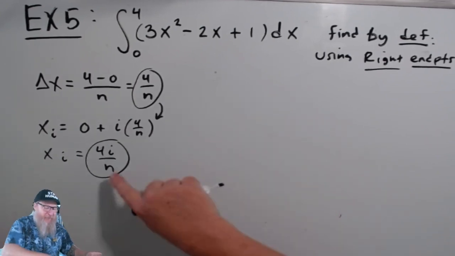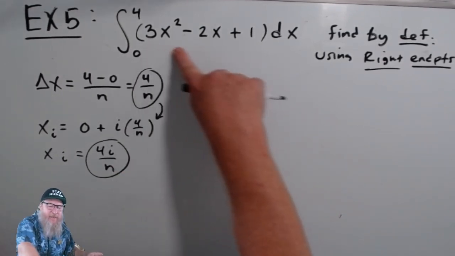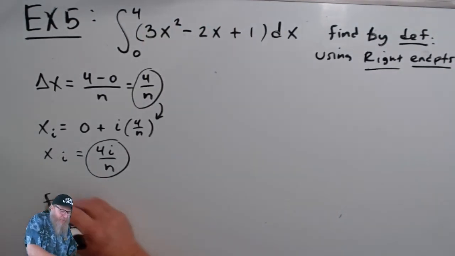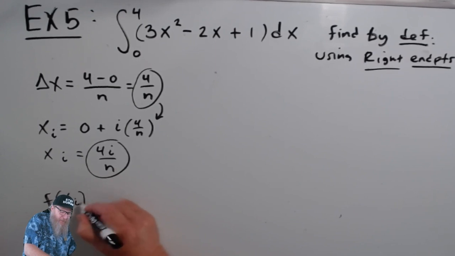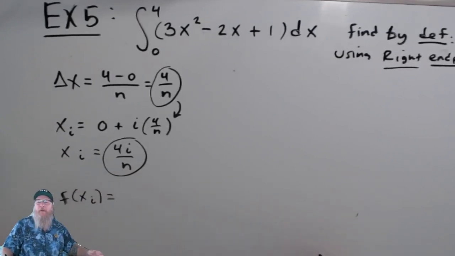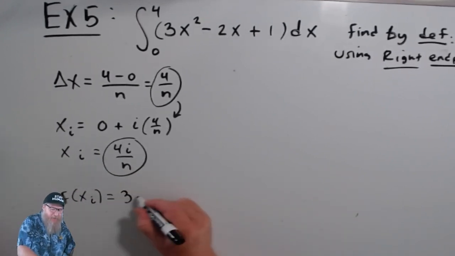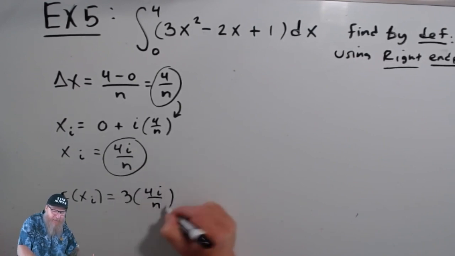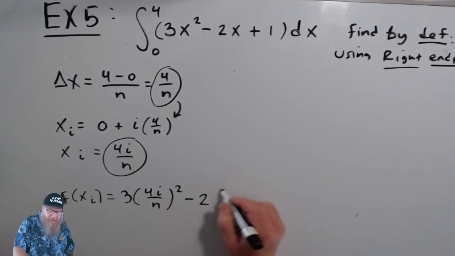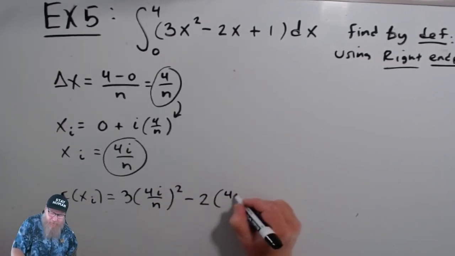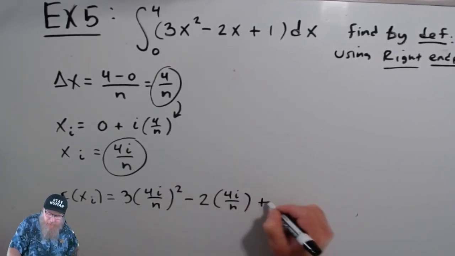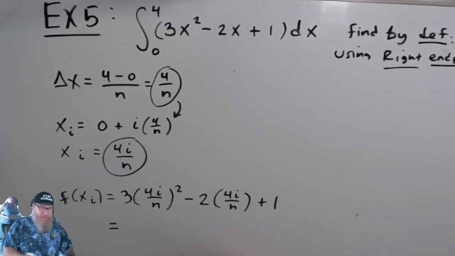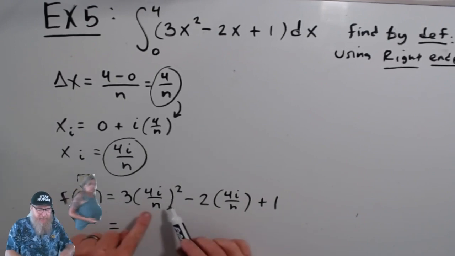Now, the trade-off for that being simple is that the function, this is our f of x, will be a little bit more extensive. So we've got 3 xi squared, minus 2 xi, plus 1. Let's clean this all up at once.